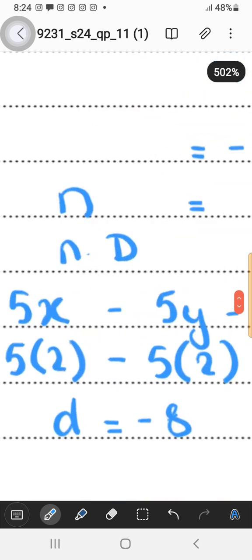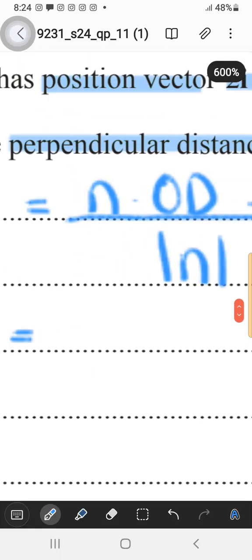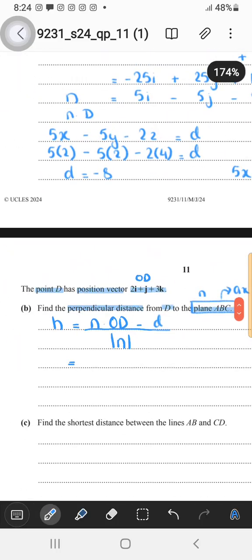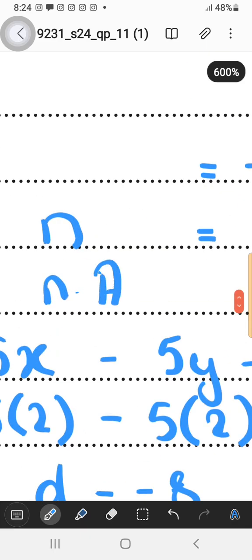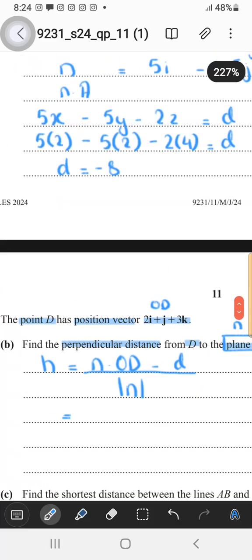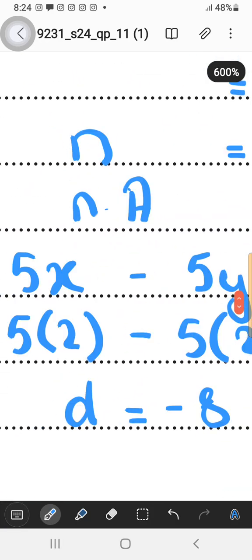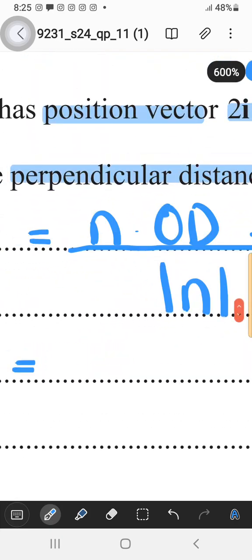Sorry, you didn't do n dot D, you did n dot A. There was a position vector A, so there was n dot A. Now we are going to do n dot OD. So I can say that was n dot OA. I hope you get it.